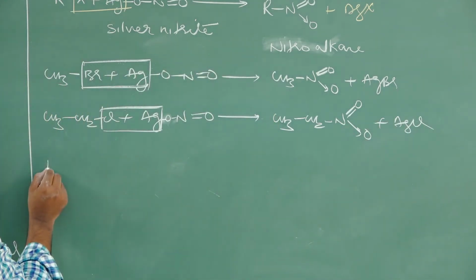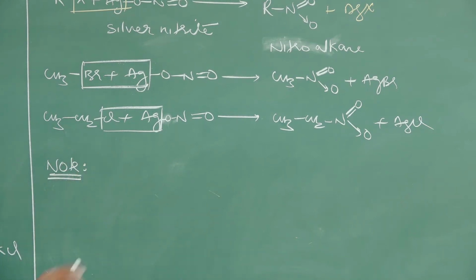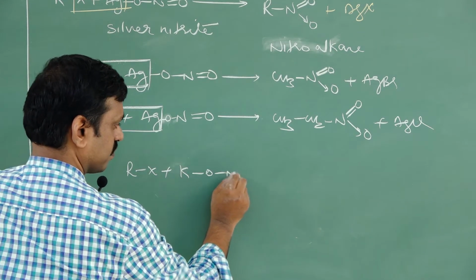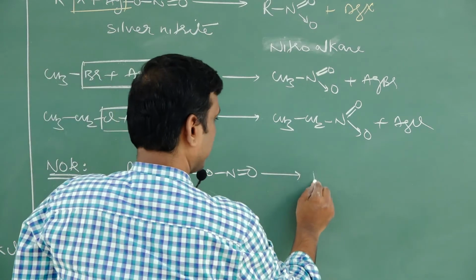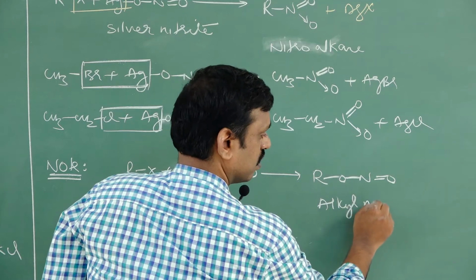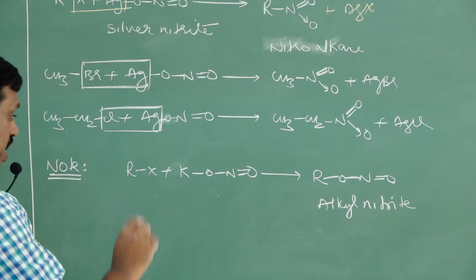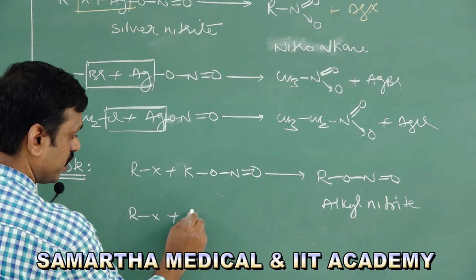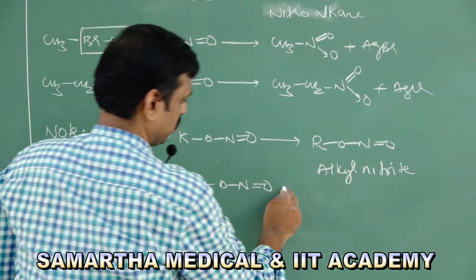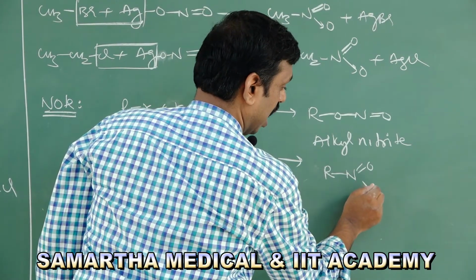Now important note, students, the same reason. Alkyl halide reacts with potassium nitrite, it forms corresponding alkyl nitrite. Whereas alkyl halide reacts with silver nitrite, it forms nitroalkane but not alkyl nitrite.